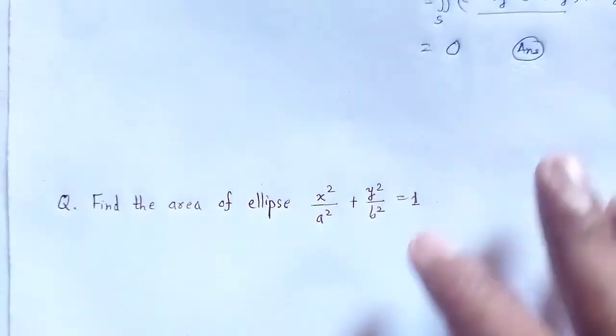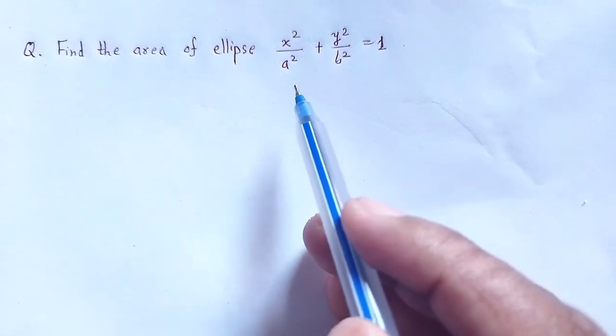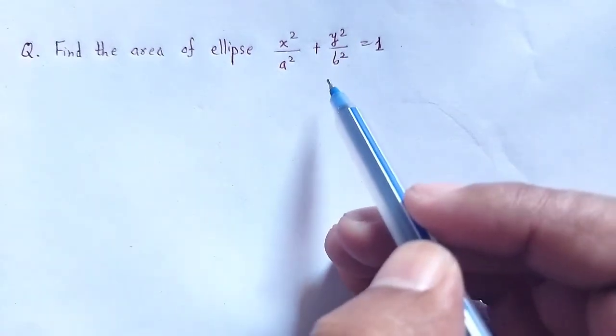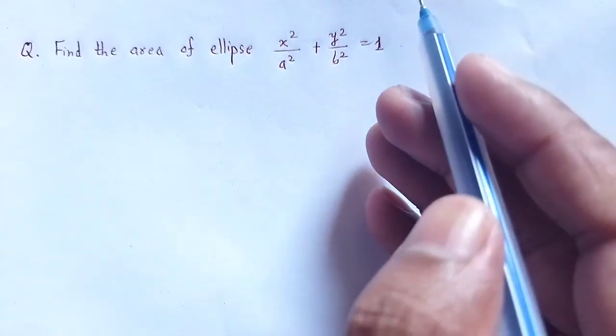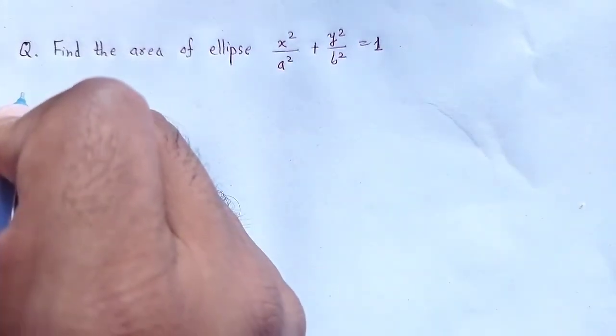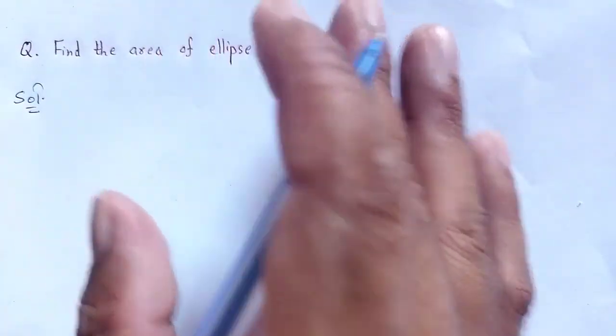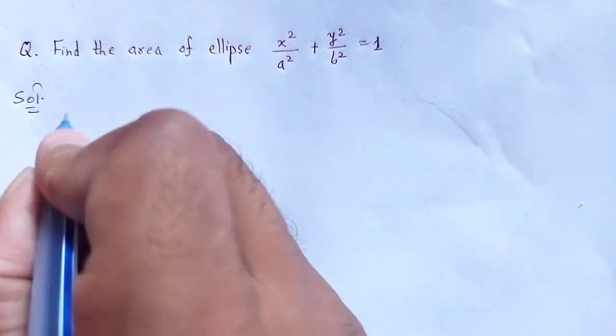Again, question number 2: find the area of an ellipse, where the equation of the ellipse is given by x square by a square plus y square by b square is equal to 1. Then we solve it in a very simple manner by using the area of the region in polar coordinate form.